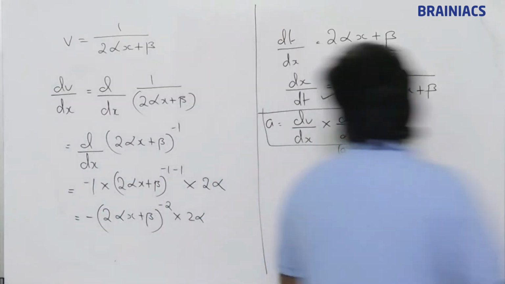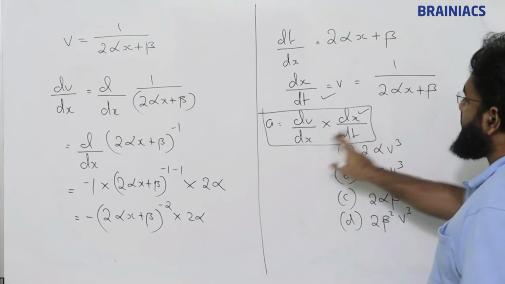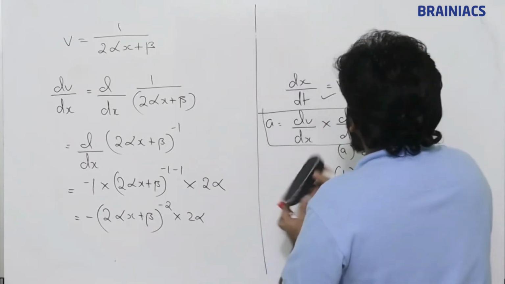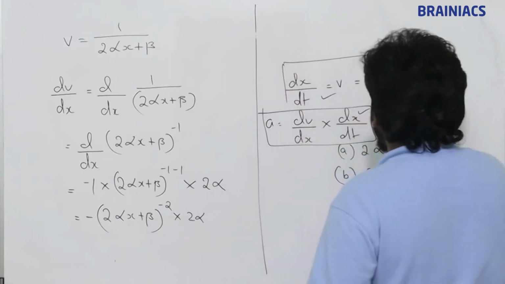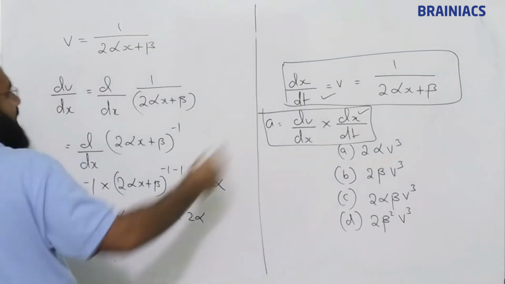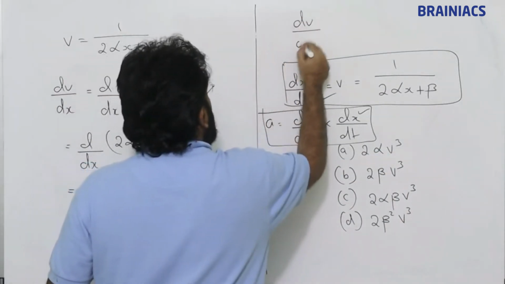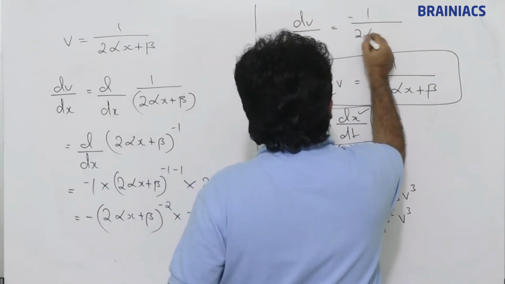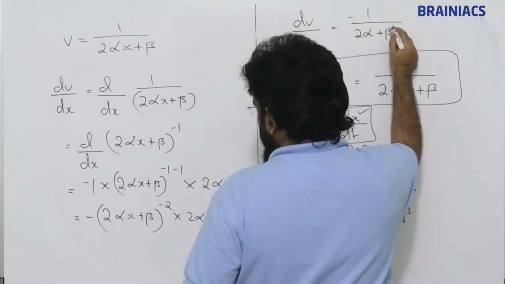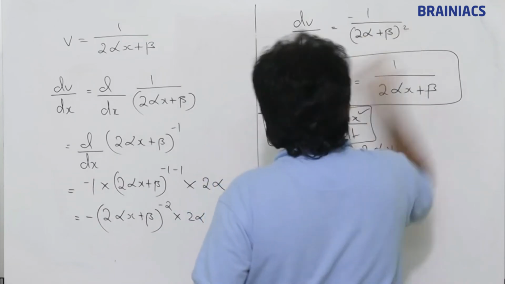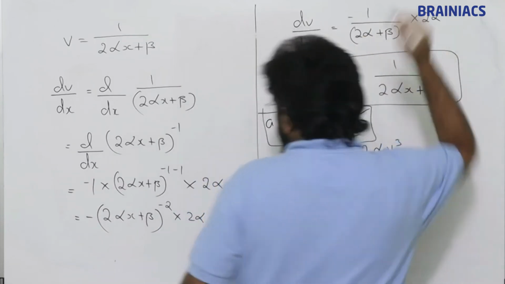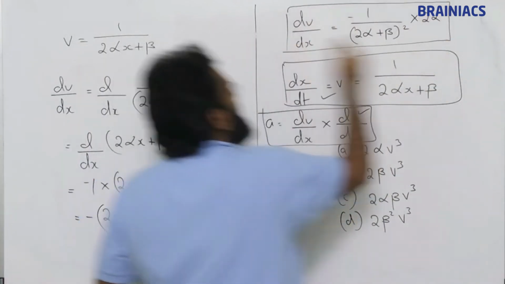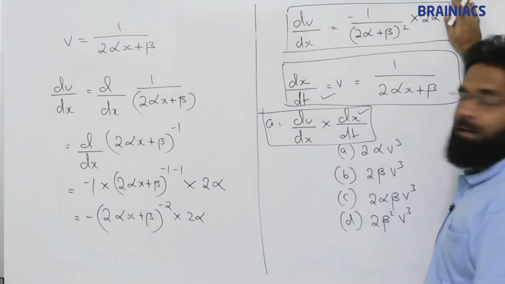Okay, so a is equal to dv by dx into dx by dt. Okay, so dx by dt is here, and dv by dx is nothing but minus 1 by 2 alpha x plus beta whole square, I put it in the denominator. So dv by dx is also ready now.